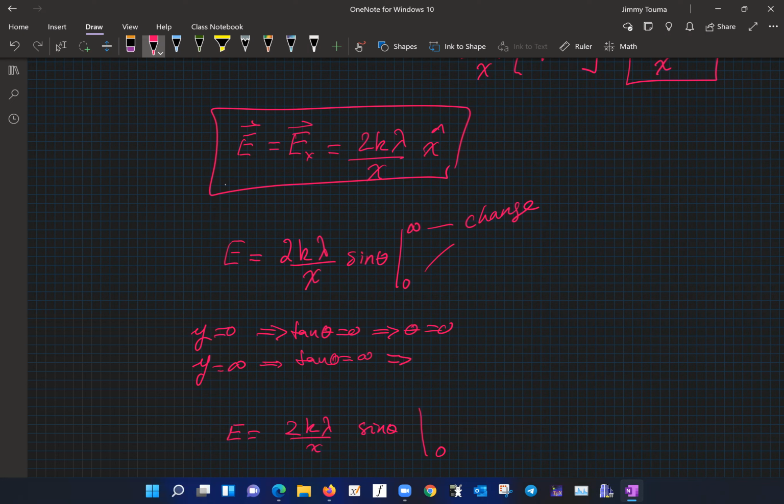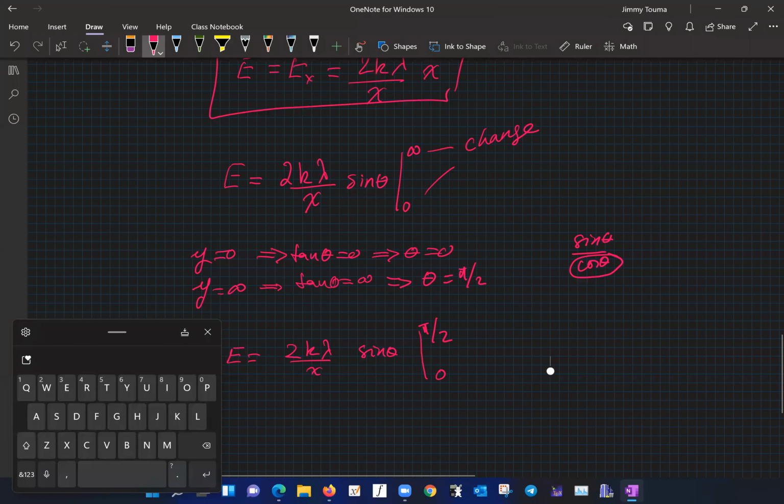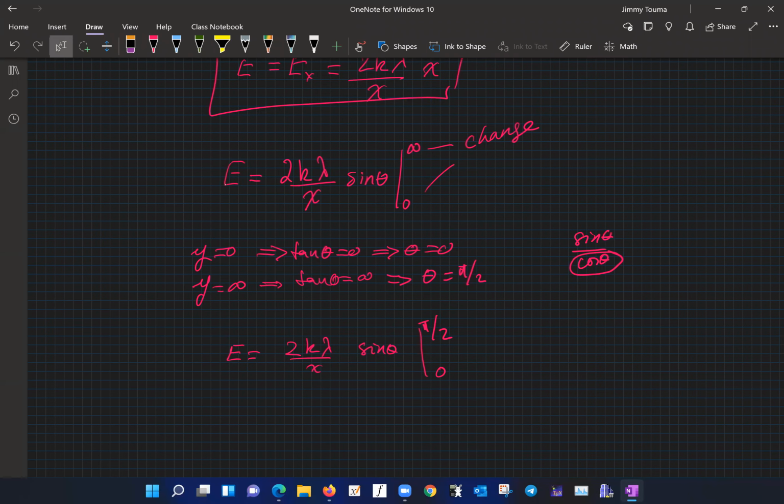Theta is pi over 2, because the tangent is sine theta over cosine theta. When it's 90 degrees, the cosine is 0, tangent is infinite. So this would be pi over 2. And now I can go ahead and plug in pi over 2 for theta minus the 0.